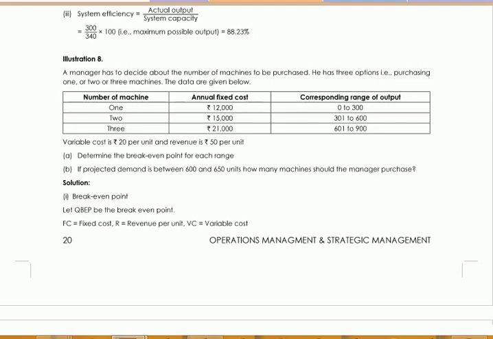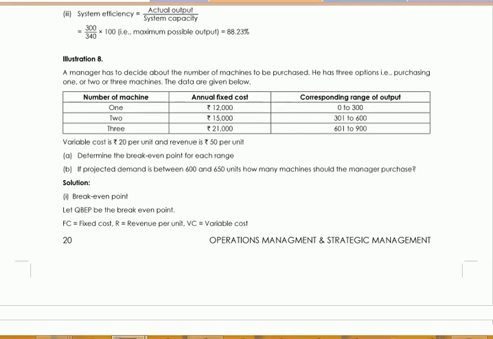A manager wants to decide about the number of machines to be purchased. He is confused regarding how much machinery should be purchased, either 1, 2 or 3, and the following data is given to us: number of machines, fixed cost incurred for each machinery, corresponding range, variable cost per unit and revenue per unit. They are asking us to find out the break-even point.